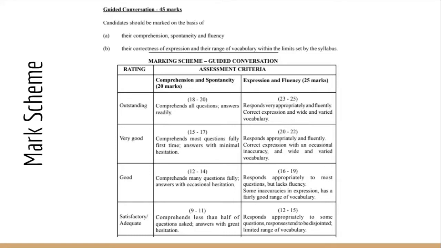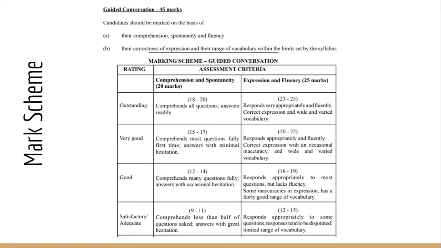In the next band now, we have very good. And I mean, even if we don't get the outstanding, it's good if you end up in the very good band, right? Because that means that your level of Spanish is still quite good for the CSEC level. Now, at 15 to 17 out of 20 marks for comprehension and spontaneity, it means that you comprehend most questions fully the first time.